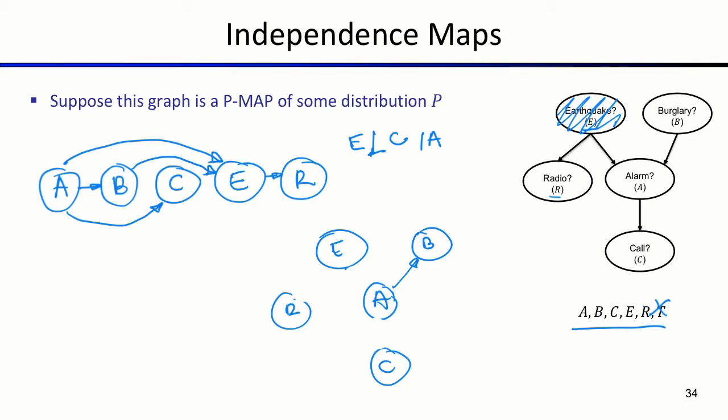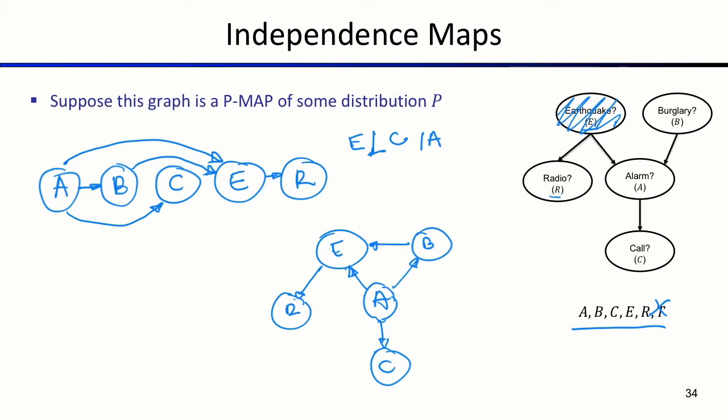A is also connected to C, there will be something like this, and A is connected to E, a connection like this, and B is connected to E, there is a connection like this. C is not connected to anything else, and E is connected to R, so we have a connection like this. So this is the IMAP that we found using this ordering.